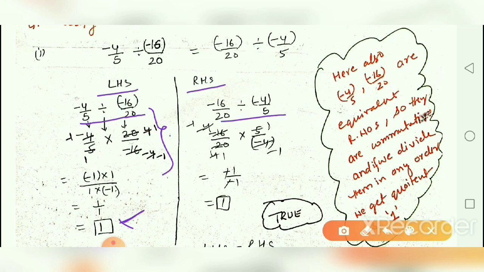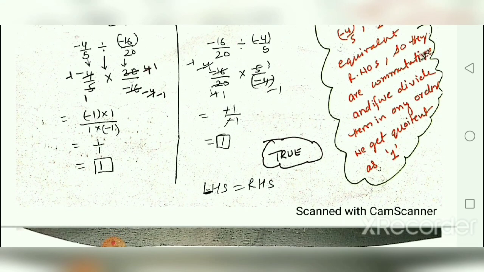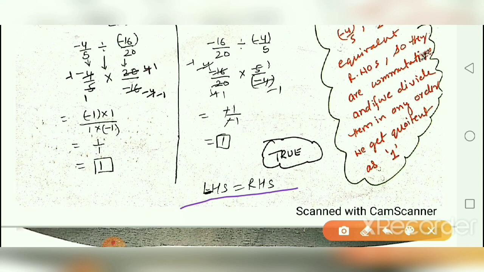And on right hand side -16 by 20 is divided by -4 by 5. Here we have done the calculation as we do for division, and we have got 1 as an answer. Again here left hand side is equal to right hand side, and the statement is true. So this is a special case. See, both sides we are getting 1 as an answer.